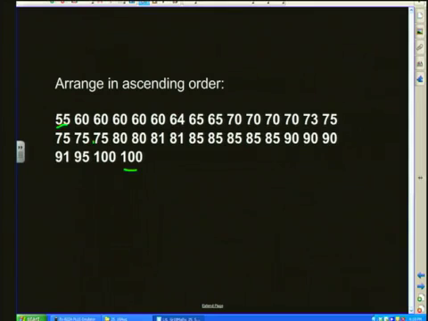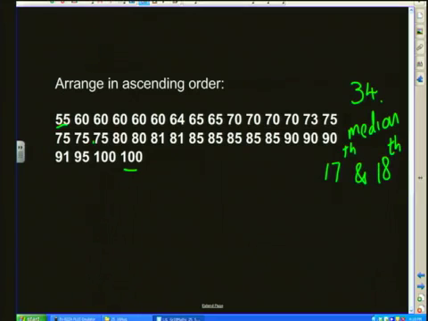When we're looking for the median, remember it's the value in the centermost position. We're dealing with 34 marks, which is an even number, so our median will be in the position between the 17th and 18th values. How did I get that? Well, 34 divided by 2 gives 17.